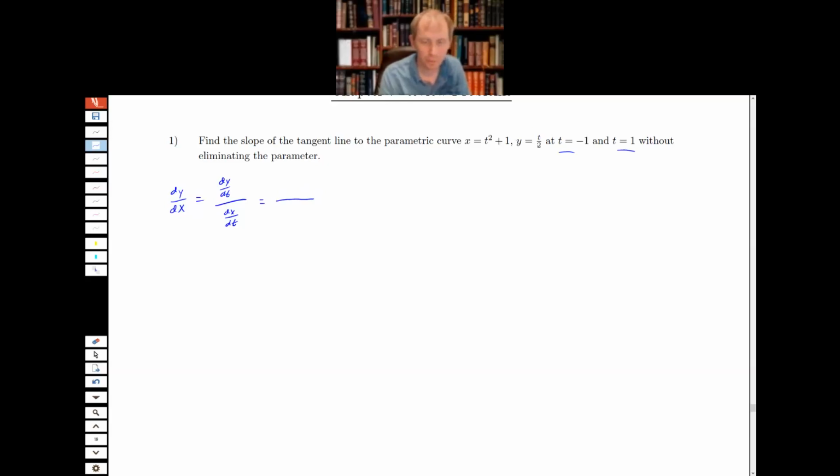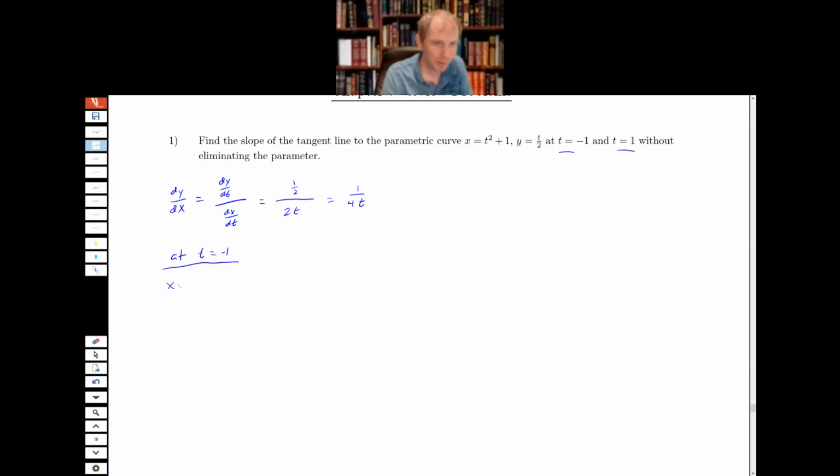So the derivative of y, t over 2, that's the same as a half t. When I differentiate it, I get 1/2. The derivative of x with respect to t is 2t plus 0. Okay. So this is just 1 over 4t when I simplify. Okay, so now let's look at t equals -1.